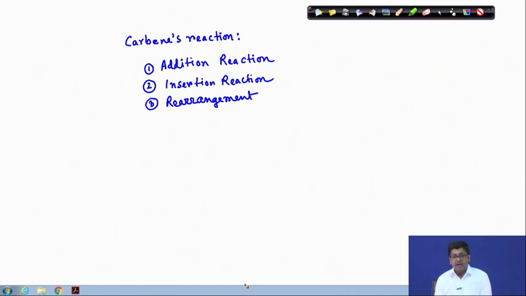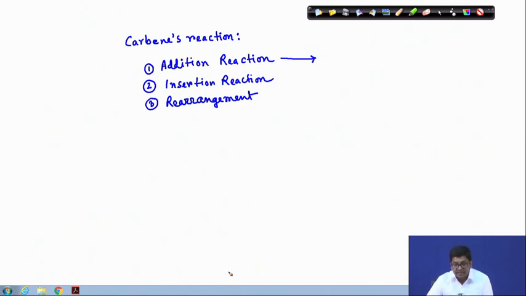Now, in our last class we already started on these addition reactions. There we studied that when a carbene adds to an olefin, it can generate a cyclopropane.